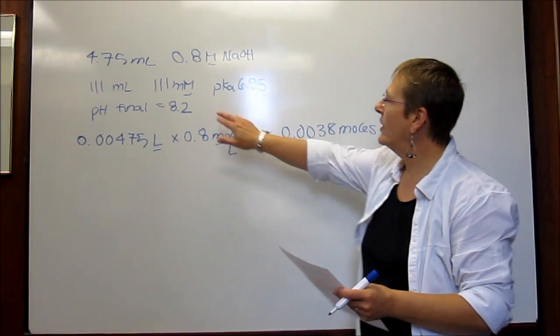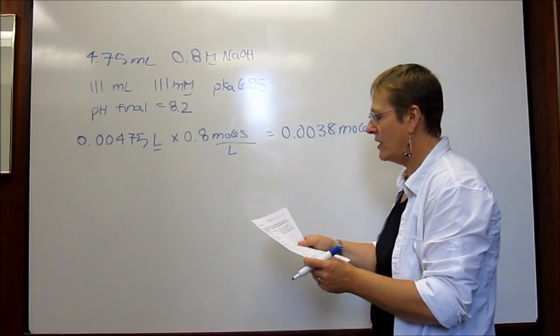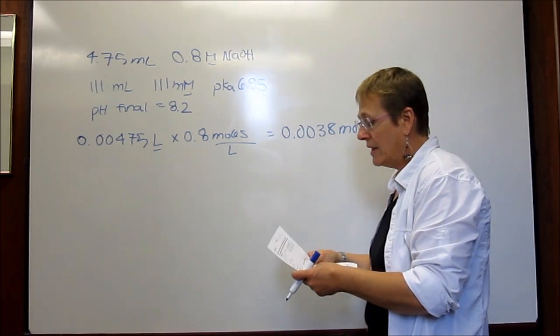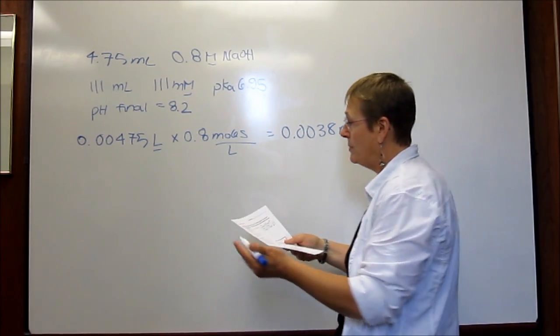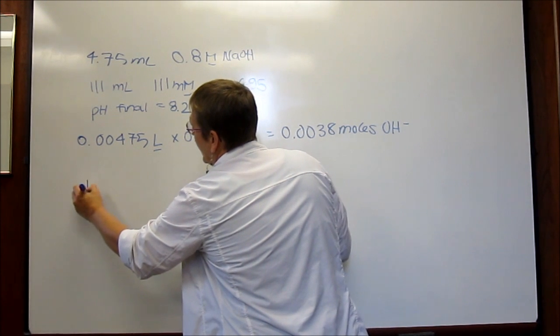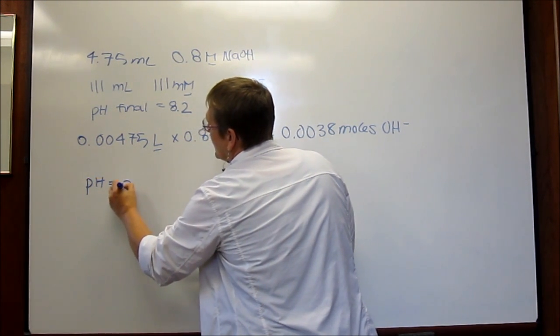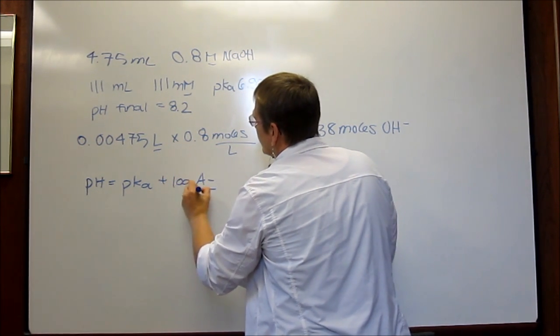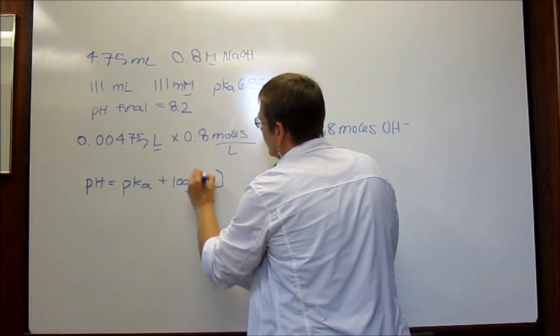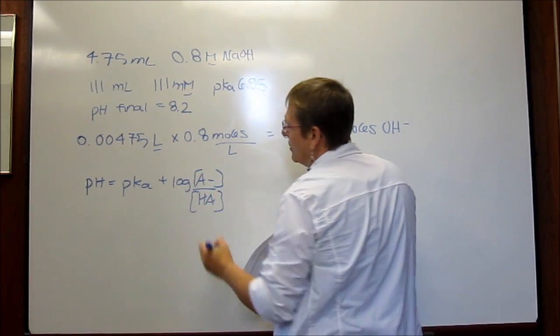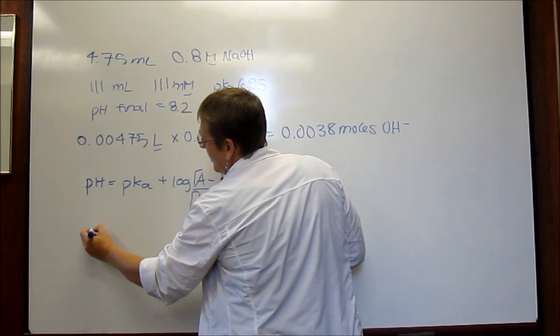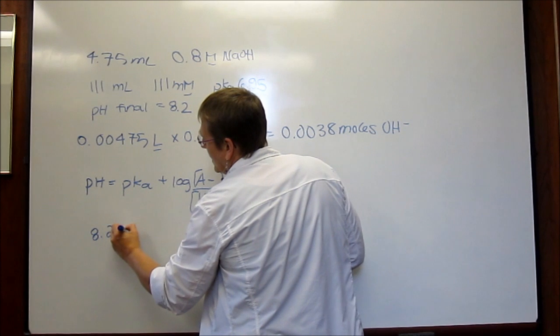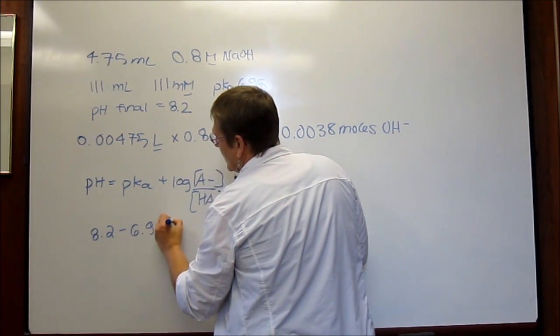We also know that the final pH was 8.2, so let's figure out what the ratio of A- to HA is when the pH is 8.2. So we have the Henderson-Hasselbalch equation, and we have a pH of 8.2.